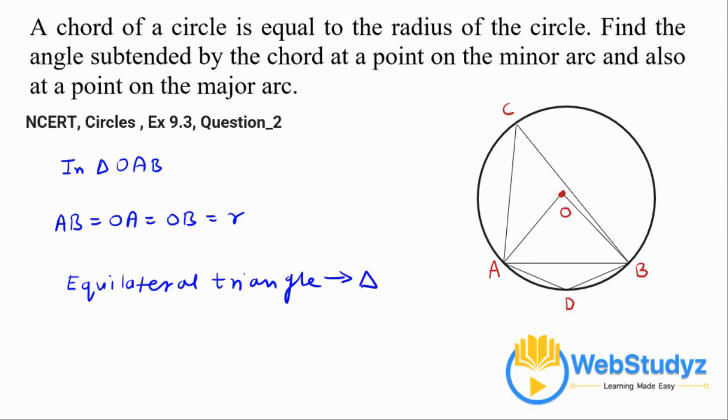Triangle OAB is an equilateral triangle. So that's why each angle in this triangle will be of 60 degrees. So angle AOB will be of 60 degrees.